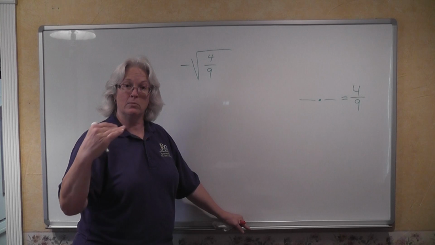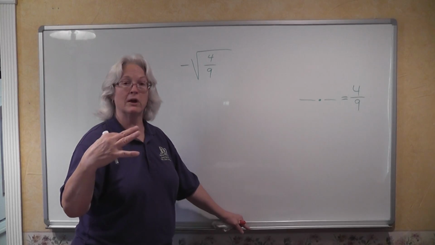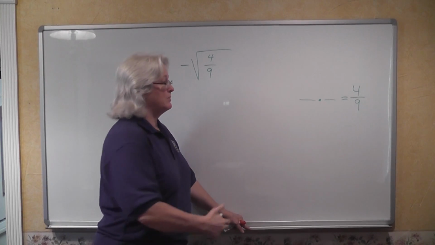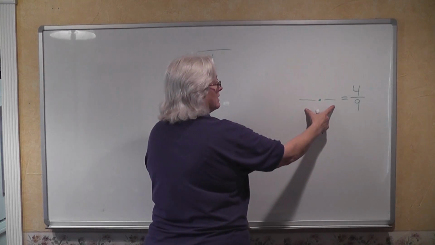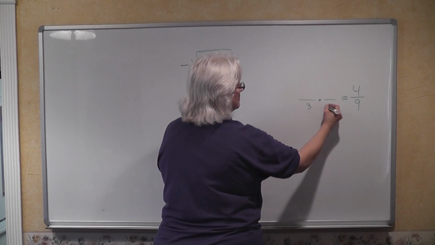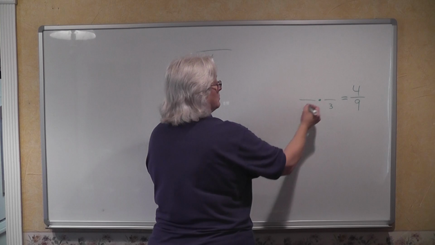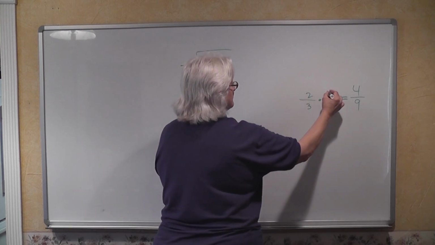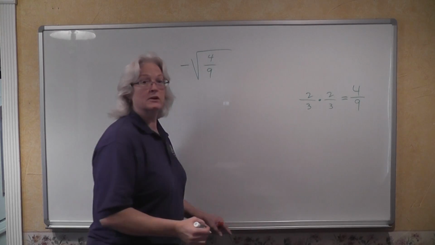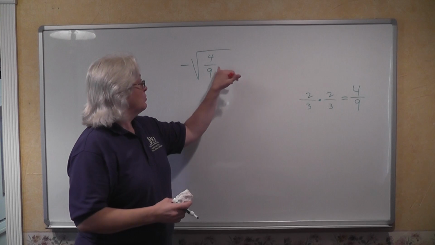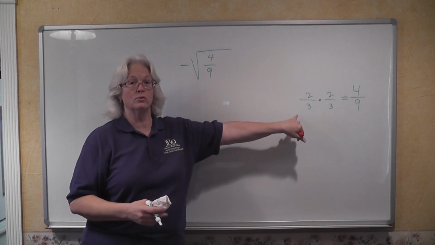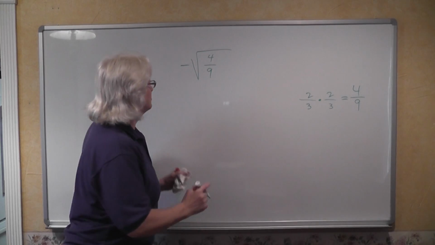And you remember that when you multiply fractions, you multiply numerators, you multiply denominators. What times what gives us 9? It's 3. What times what gives us 4? It's 2. So we can write 2/3 as a factor twice.